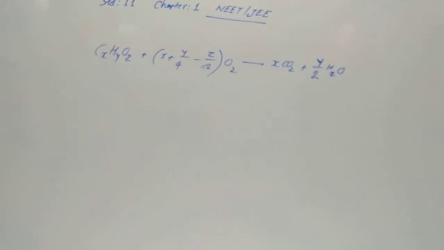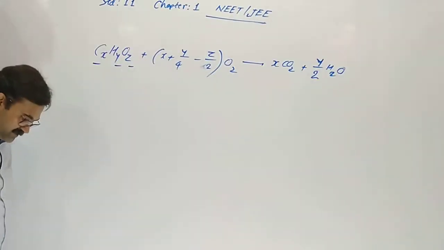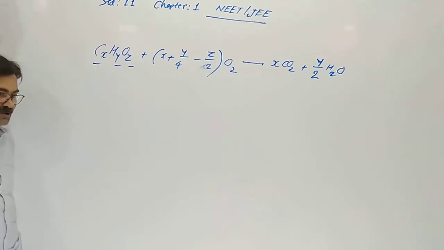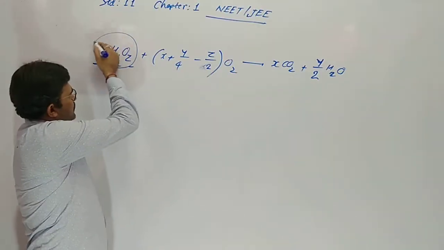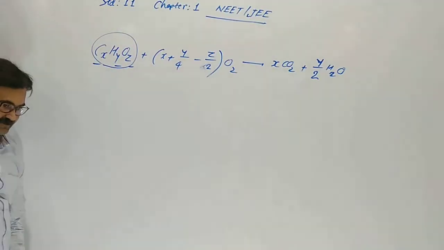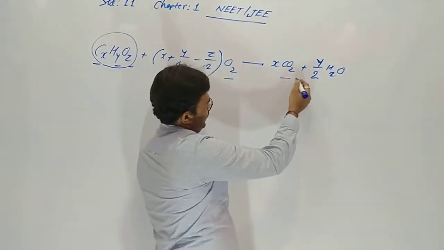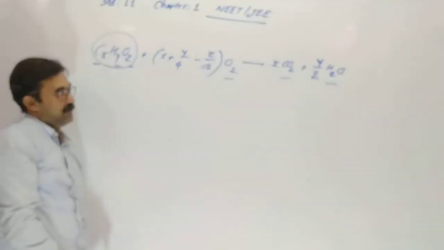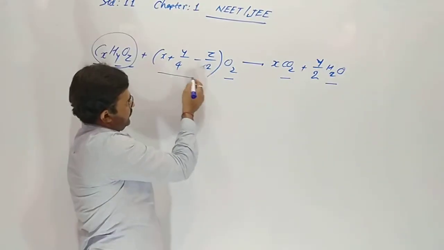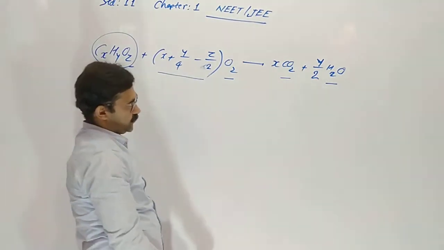If our compound has carbon, hydrogen and oxygen, like saccharides such as glucose and fructose, and it burns with oxygen and gives carbon dioxide and water, then the mole of oxygen consumed is fixed: X plus Y by 4 minus Z by 2.